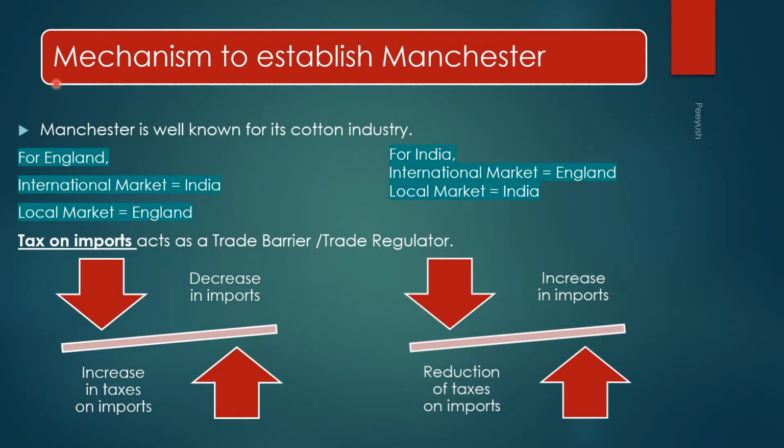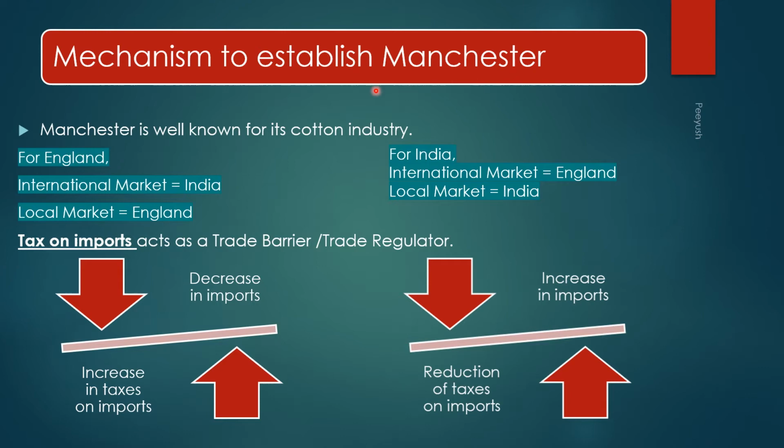At first, we will talk about the mechanism by which Manchester was established. Manchester was the first industrialized city of England, and it is well known for its cotton industry. So how was it established, how was it promoted, what was the mechanism for that?